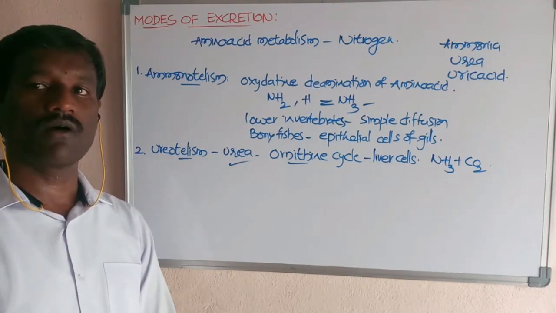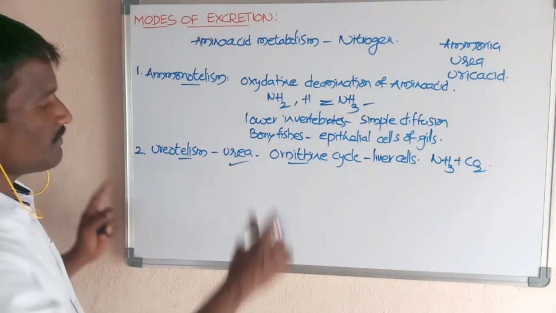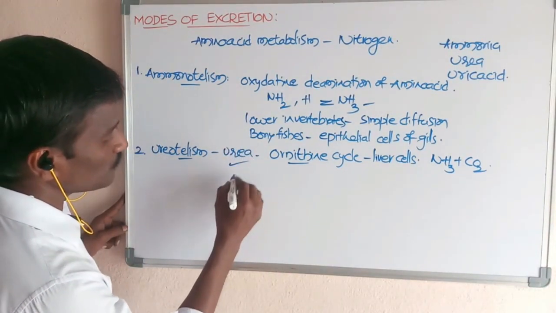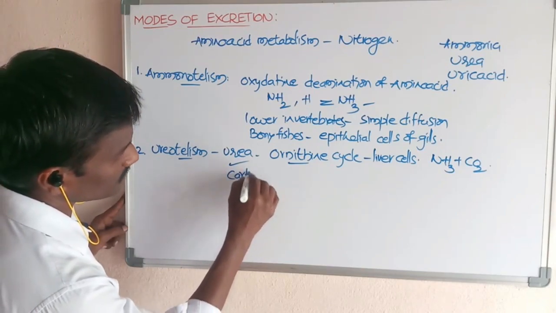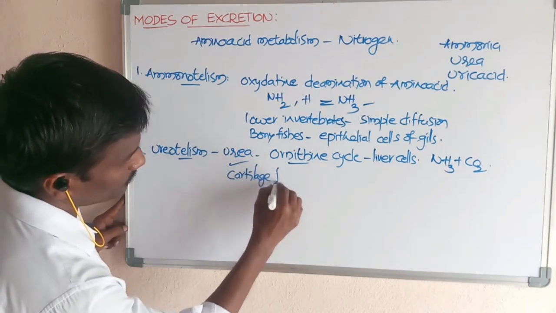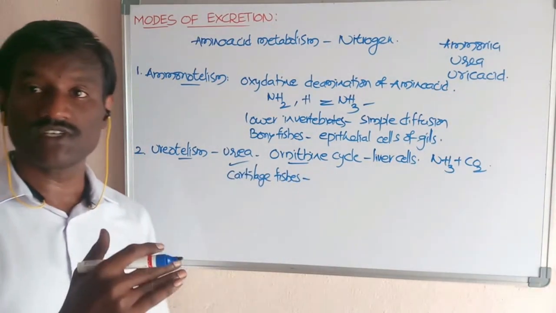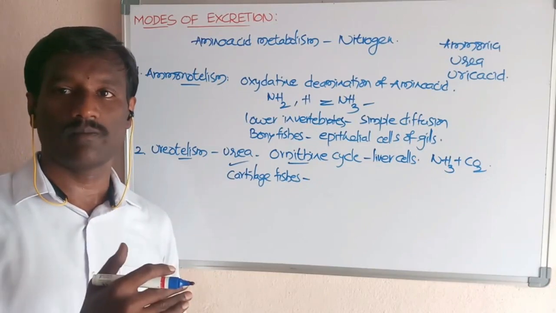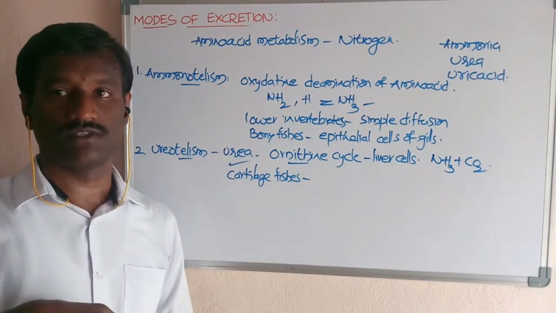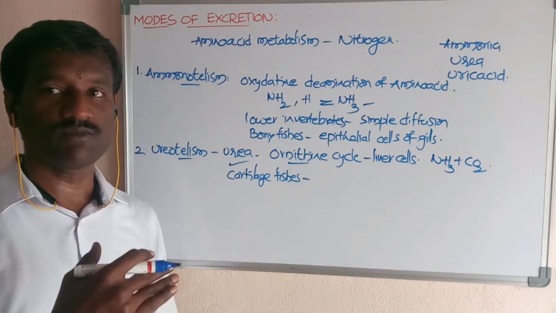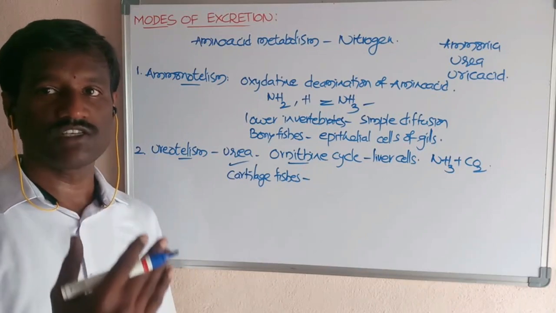These animals are called ureotelic animals. Some animals store urea in body fluids, such as cartilage fishes. Cartilage fish means the skeletal structure is made up of cartilage, a spongy bone.